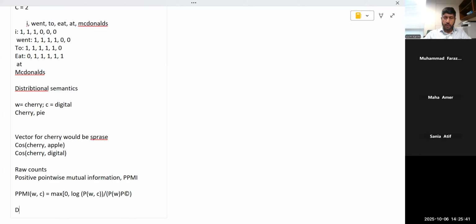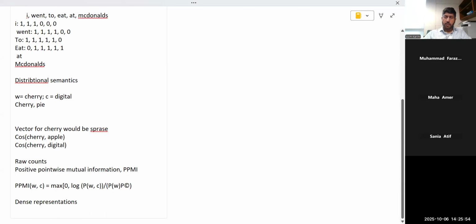All right. So now let's move on to dense representations. In the previous representations, the vector size was vocabulary size, and vocabulary size can be anywhere from 30,000 to even 500,000. So those vectors are huge.